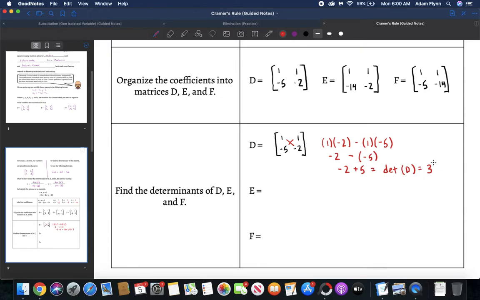Okay, so I'm just going to leave this here. Found the determinant of D. I'll come back to that a little bit later.